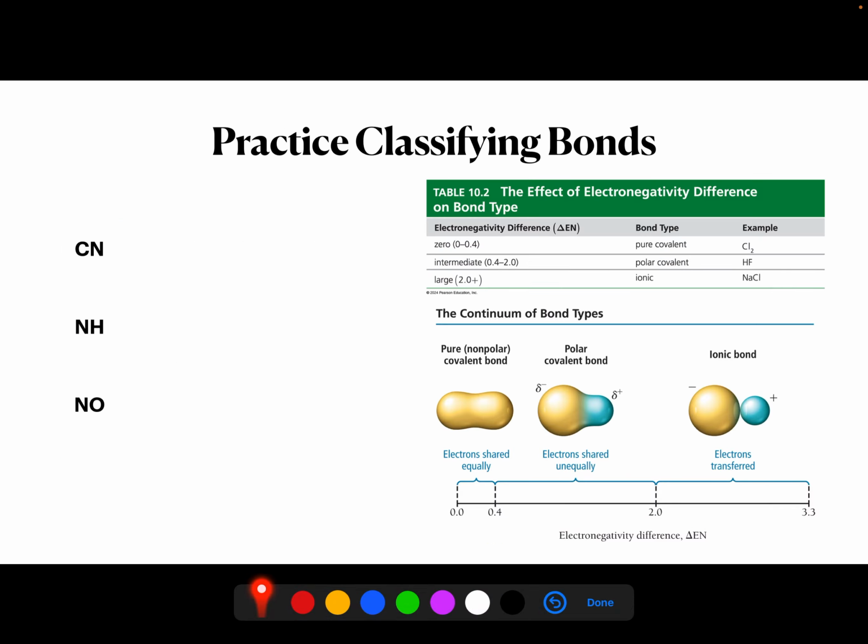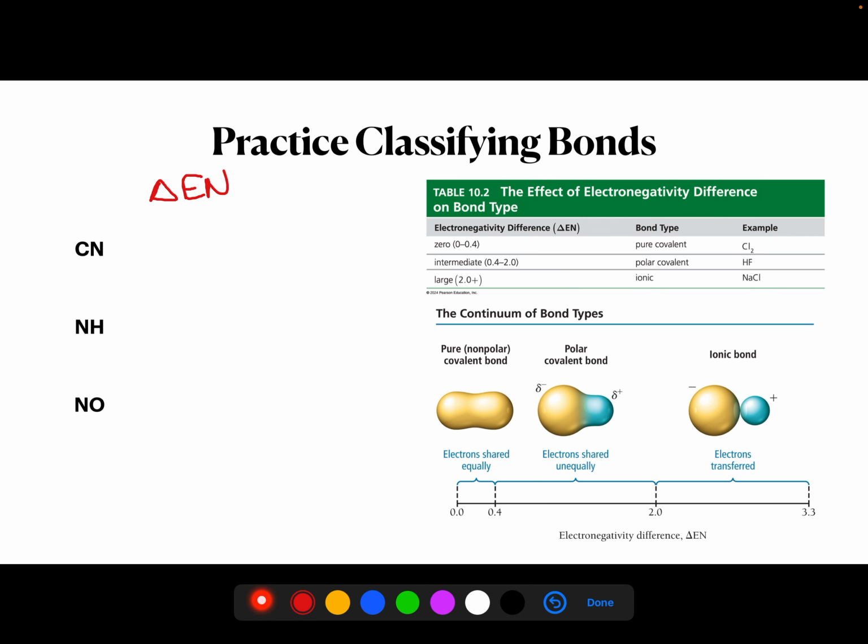Okay, so let's look at some examples where we can look at some values, some electronegativity differences, and we can characterize the bonds directly ourselves. So we're going to look at carbon and nitrogen. When we're calculating our electronegativity differences, our delta ENs, we're always going to need our electronegativity chart so that we can have those values to compare.